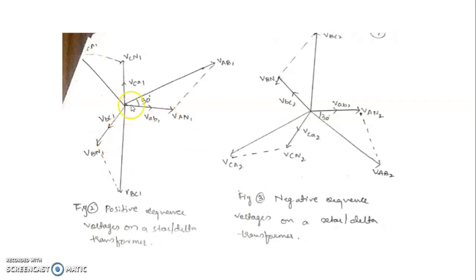Similarly we have taken VBC and VCA 120 degrees apart, along with VBN and also VCN.